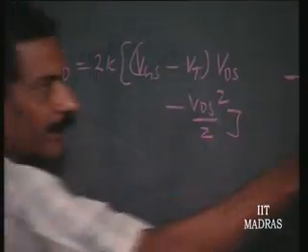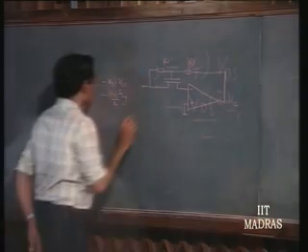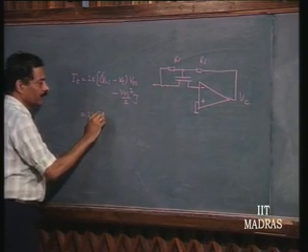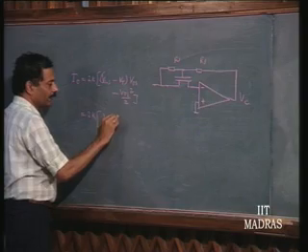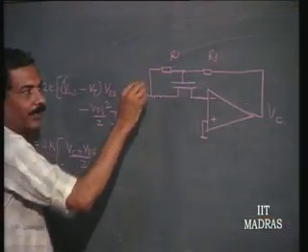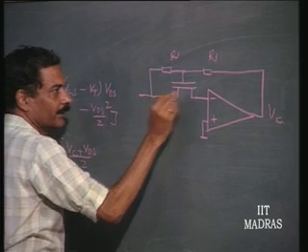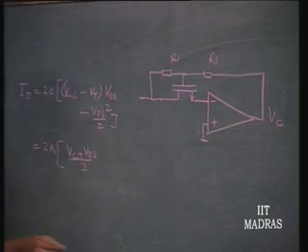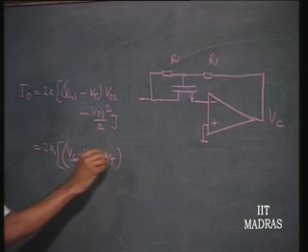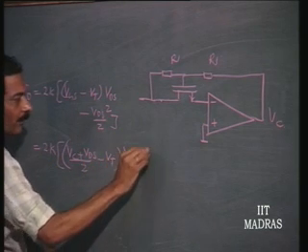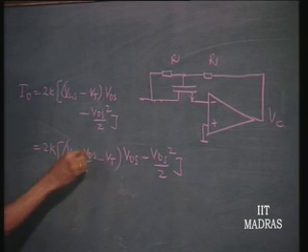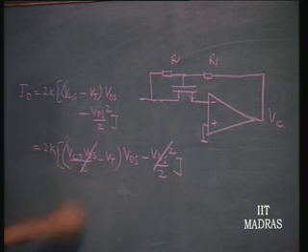If I now make this the control voltage, then this is equal to 2k into (Vc plus VDS by 2 minus Vt) into VDS minus VDS squared by 2. So, you can see how nicely it gets linearized.